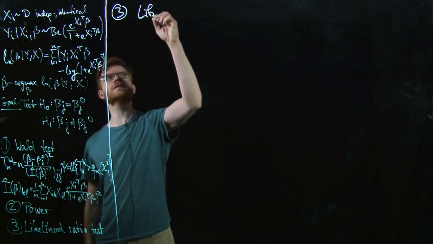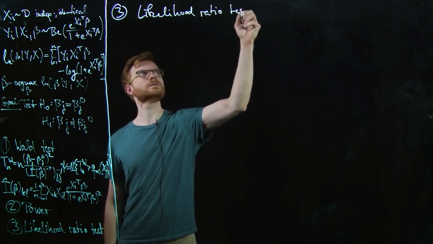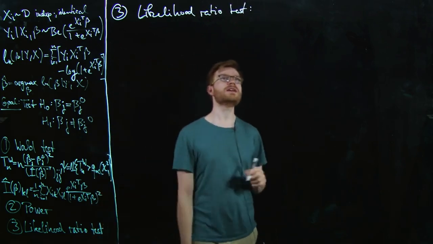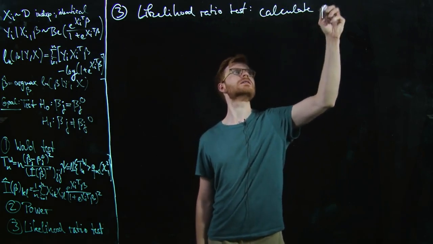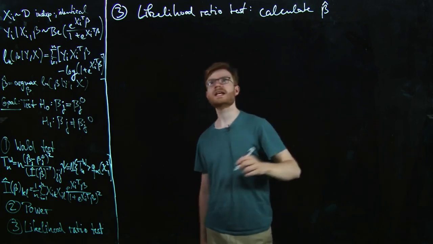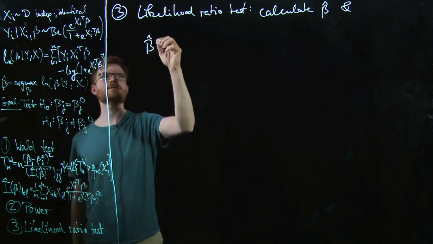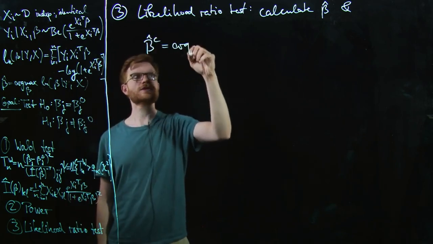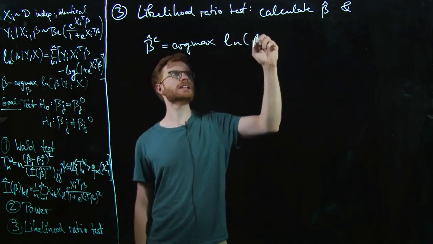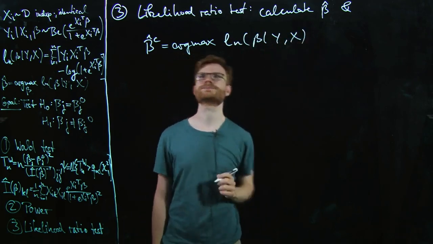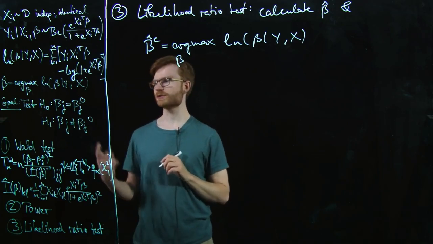OK, so likelihood ratio test. There you first calculate beta hat, as before, and then also a restricted estimator, beta hat c, which is going to be the maximizer of the likelihood again, so maximum likelihood estimator, but where beta now is restricted to the null hypothesis.